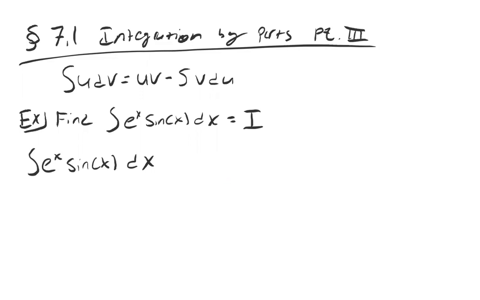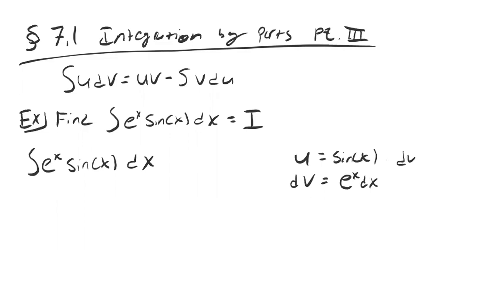So u, dv. You can pick whatever you want. You're going to have to do this more than once, but whatever you do, just stay consistent with it. I think it's easier to differentiate the trig function and integrate e to the x, but it's personal preference.